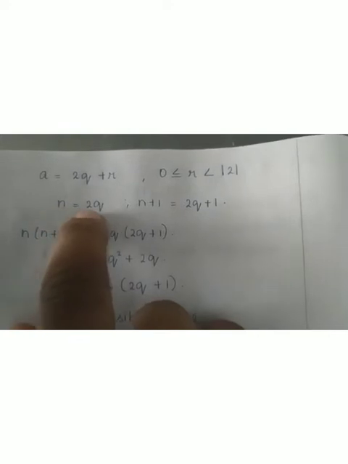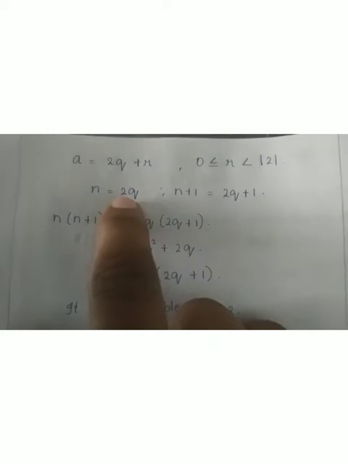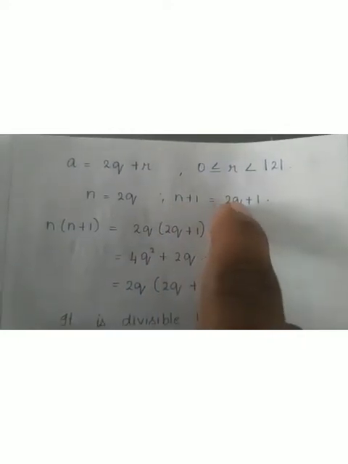Okay. Let n be 2q and n plus 1 be 2q plus 1. So we know that 2q means an even number. When a number is even, the next number n plus 1 will be 2q plus 1.